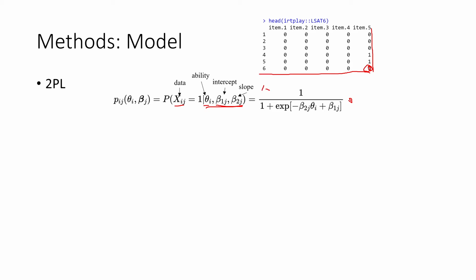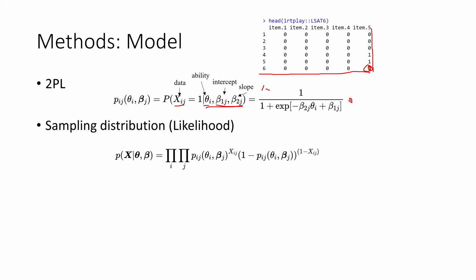And given the observed data x, we take P_ij as the probability for one cell when 1 was observed, and take 1 minus P when 0 was observed. And taking the product of all probabilities across the cells, we can write the likelihood like this.